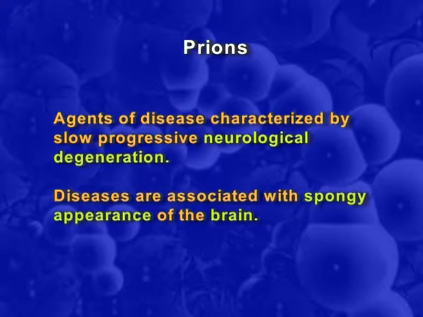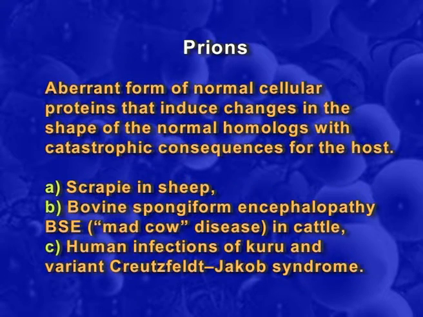The final subviral agent, the threat of the day, is the prions. Prions are famous for causing mad cow disease. They cause slow progressive neurological degeneration, and they can affect a wide range of hosts, from scrapie in sheep to mad cow disease in cattle and human infections like kuru.